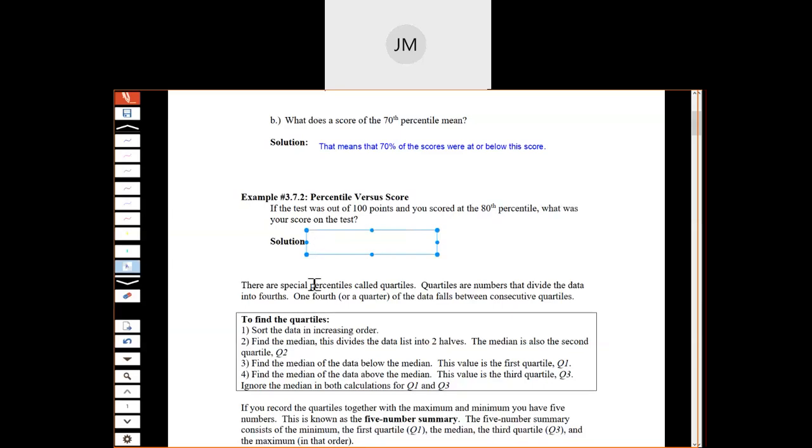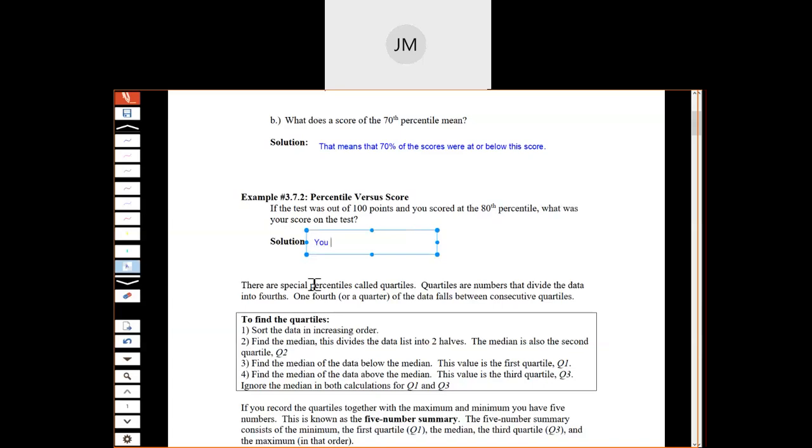What it means is that you did as good as or better than 80% of the other test takers. So if everyone got an A on the test, then the 80th percentile would be somewhere in the 90s. If everyone failed the test, maybe that 80th percentile would be somewhere in the 50s. So this isn't enough information to know what your actual score is.